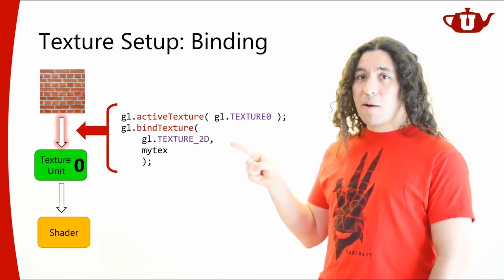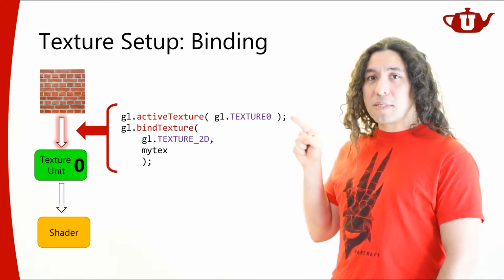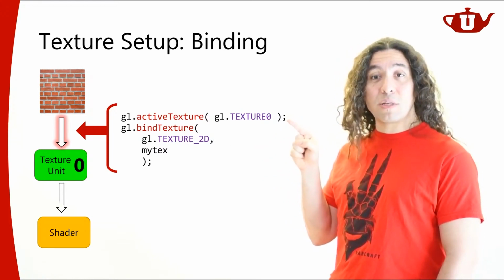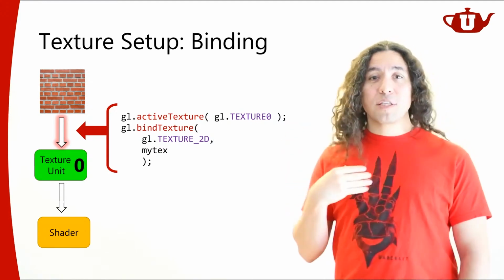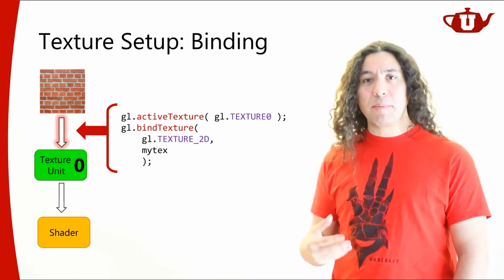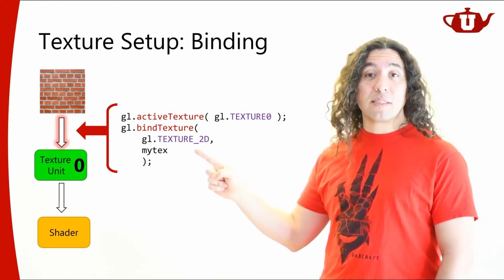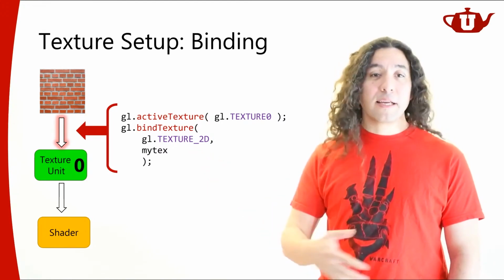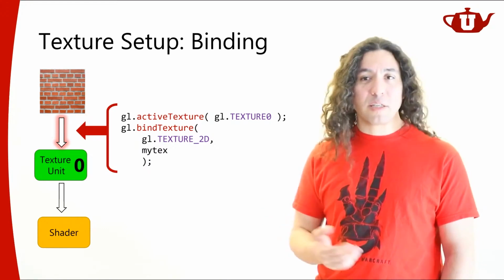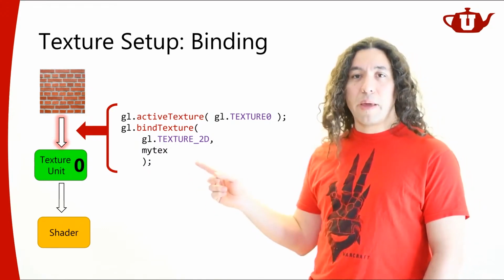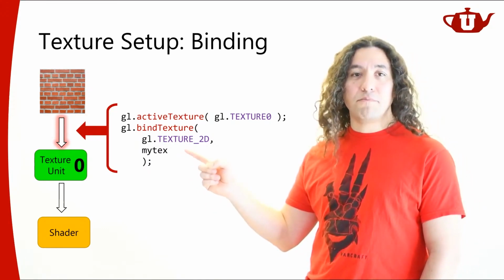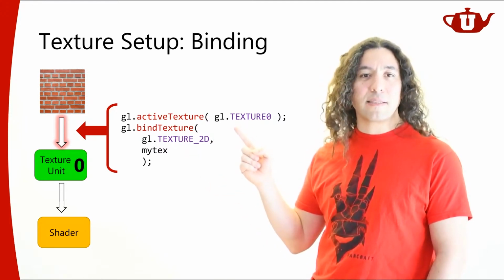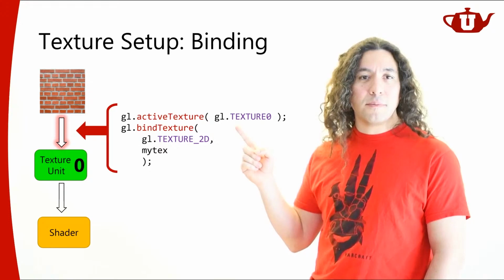So from now on, as long as the active texture is texture unit 0, all of the texture calls that I'm going to be making will be related to this texture. So if I change texture parameter settings, everything is going to be about this texture because I did bind this texture to texture unit 0, and texture unit 0 is the active texture unit.